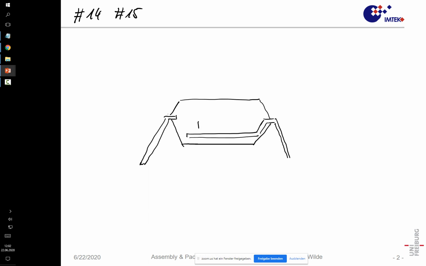And we have a chip here. That chip has been glued. We have wire bonds. Okay, that's the package.